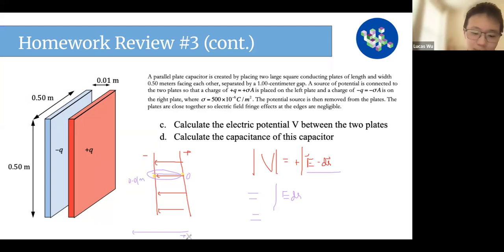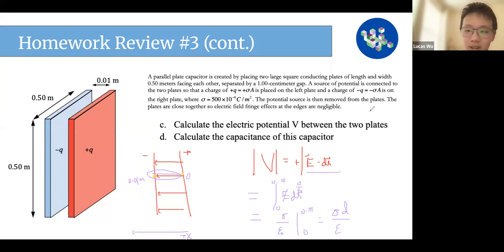There's nothing preventing us from making the positive x direction not what you usually think it is. We just integrate from 0 to 0.01, and our E is sigma over epsilon 0. So basically, in general, the electric potential between the two plates would just be sigma d over epsilon 0.